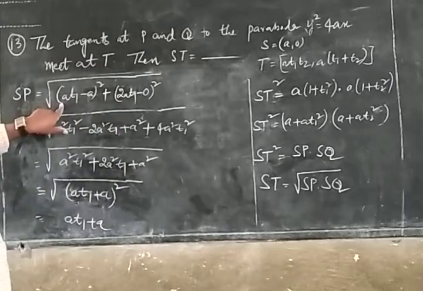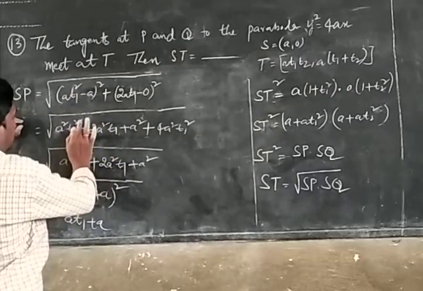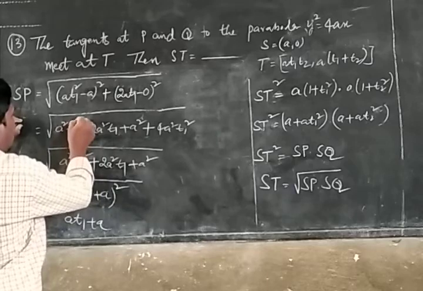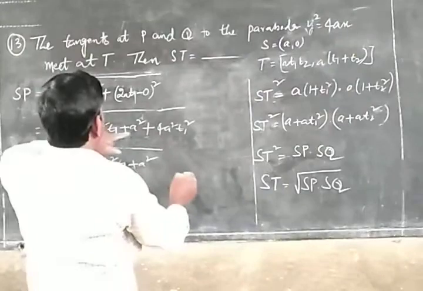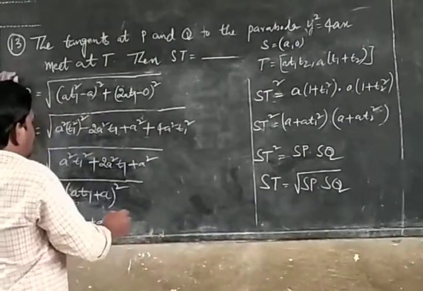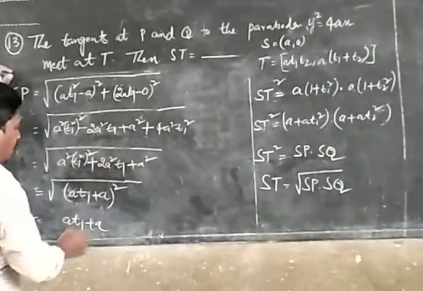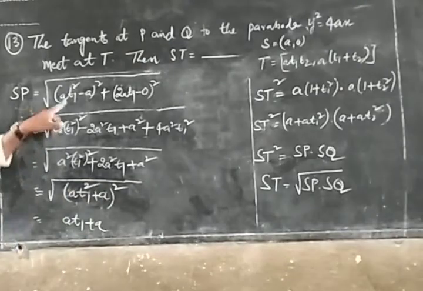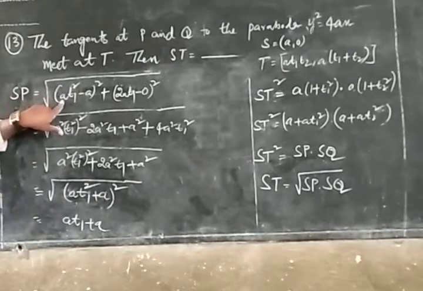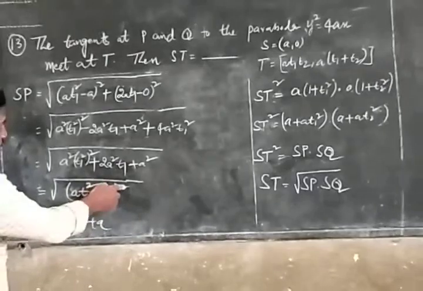P means (a t1 square, 2a t1), so (a t1 square plus a) whole square.